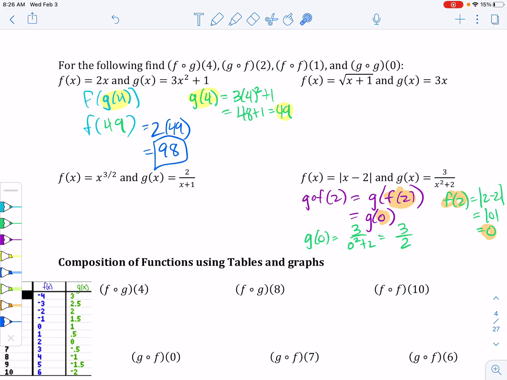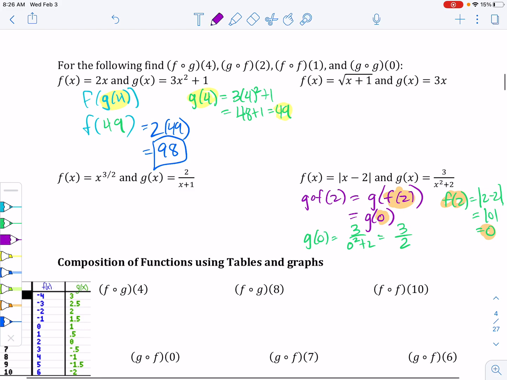You can also compose a function with itself. So if we do g of g of 0, that means that I'm going to plug in 0 for g.